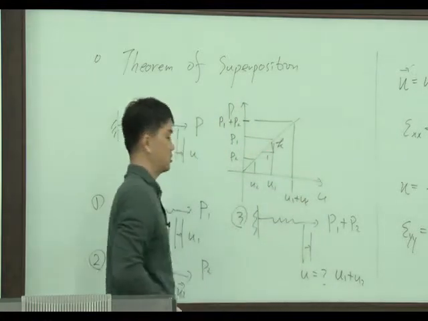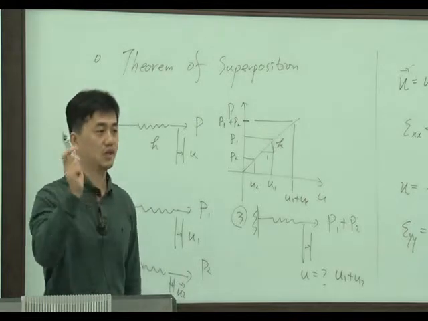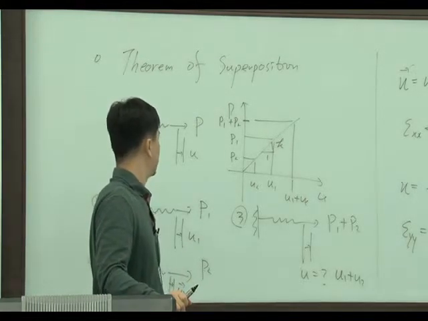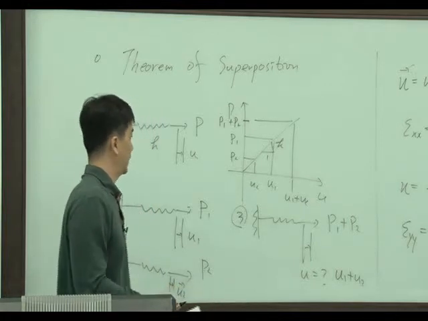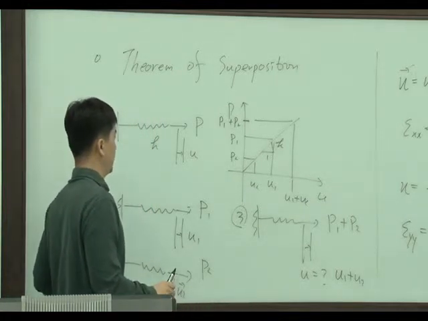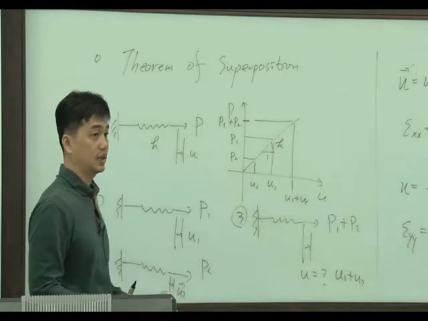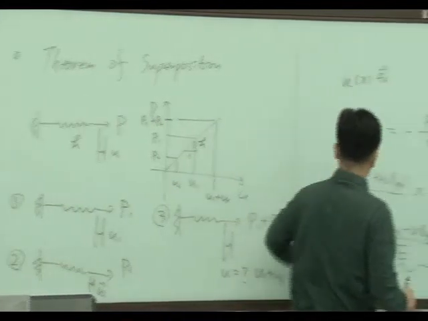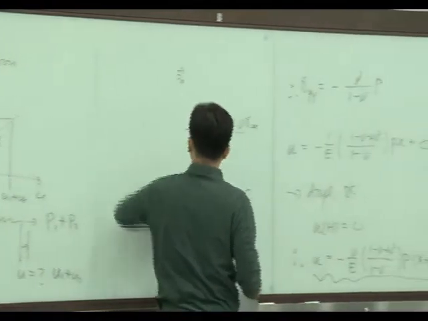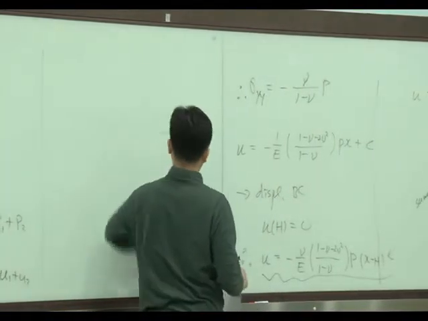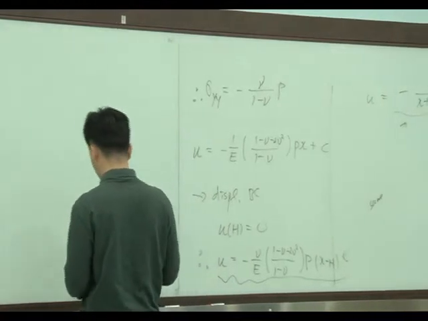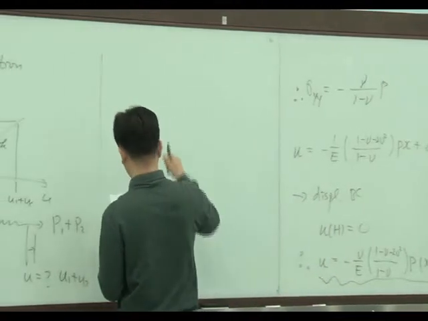Because the relation between P and U is just linear. This is the theorem of superposition, and this is just a one-dimensional example, but the same thing can be applied for general 3D case.